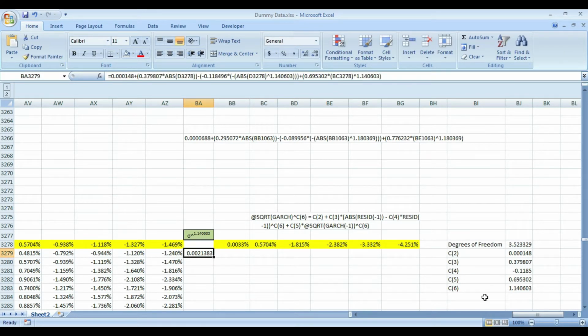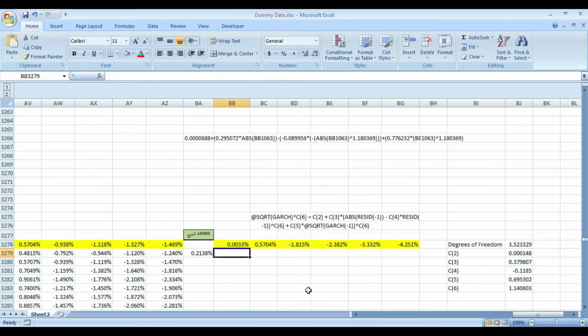Yeah. So there you go, guys. Now I'll convert this into percentage. So this is the percentage, and the variance. So now the value that we got, guys, is simply standard deviation to the power of 1.140603.